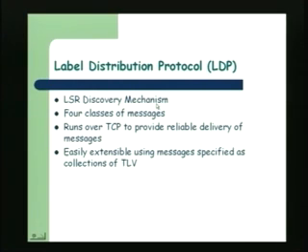That means the LDP protocol first discovers the neighboring label switch routers through an LSR discovery mechanism. Four classes of messages have been defined in the label distribution protocol for label allocation, requesting a label, mapping a label. Okay. And LDP essentially runs over TCP to provide reliable delivery of messages.